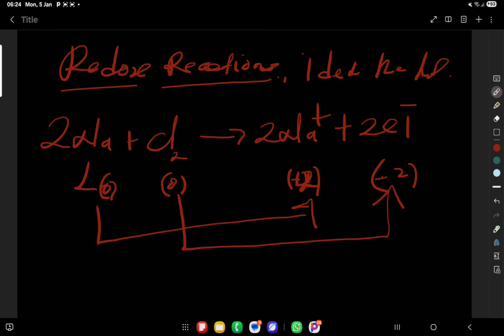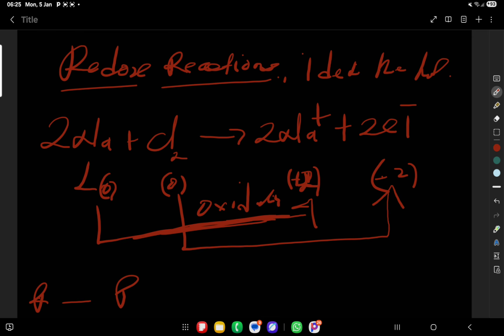Remember, in terms of oxidation numbers, we said oxidation is an increase of the oxidation number from the reactant to the product. Look here, from 0 to positive 2, this is an increase. So this is the oxidation half reaction, the oxidation process.